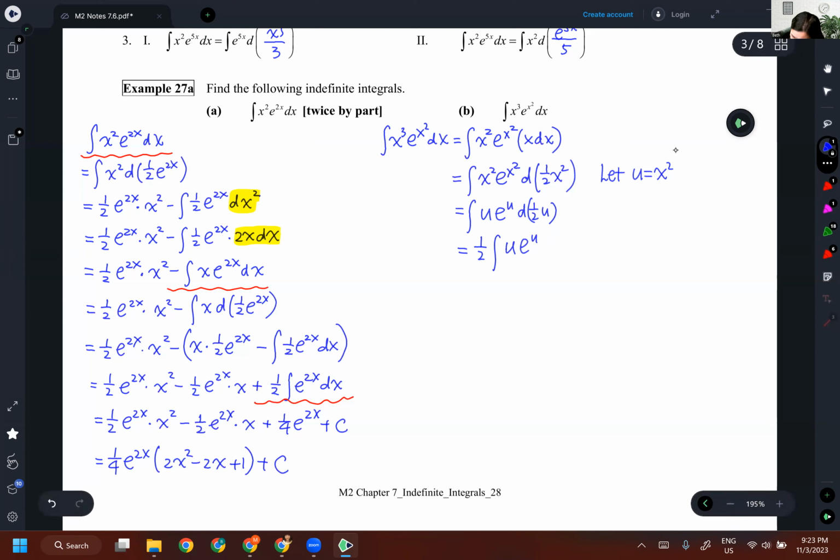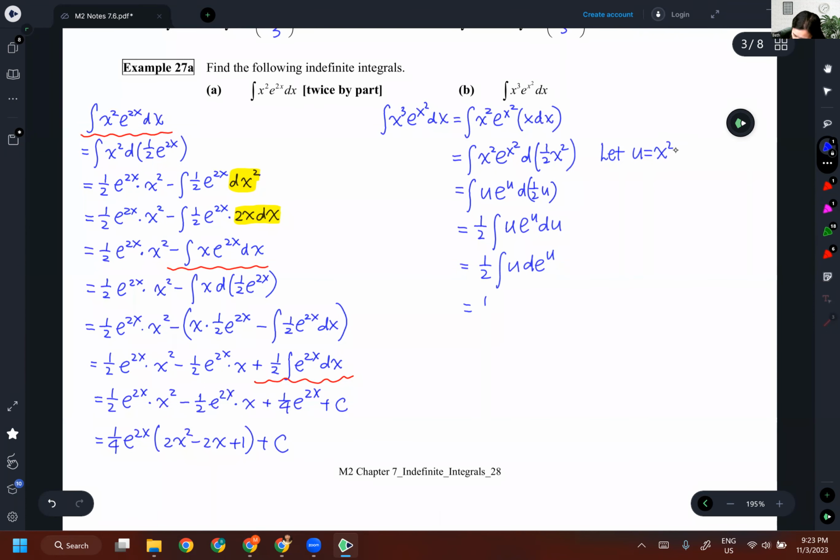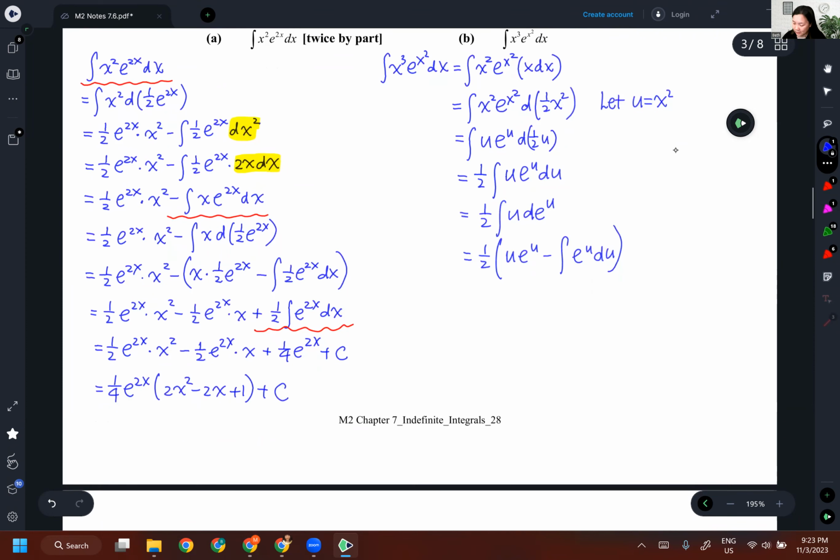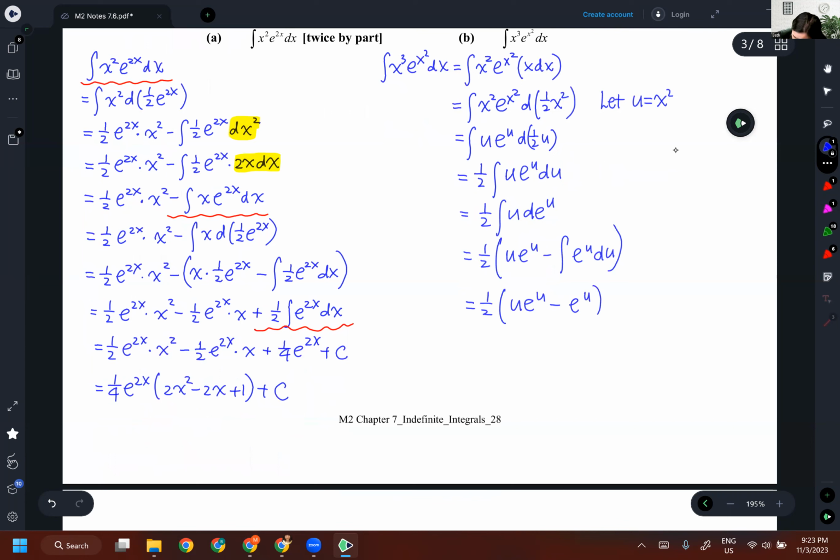Maybe I shouldn't be this fast. Just slower. And then 1/2 u d e to the u, and then 1/2 bracket u e to the u minus e to the u du close bracket, and then it's 1/2 u e to the u minus e to the u close bracket plus c, and then I'll change it back and take out e to the power u. e to the power u times minus 1, and then done.